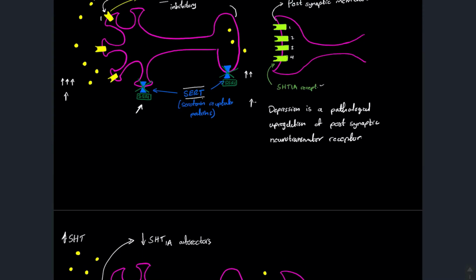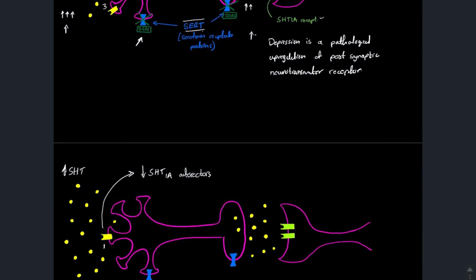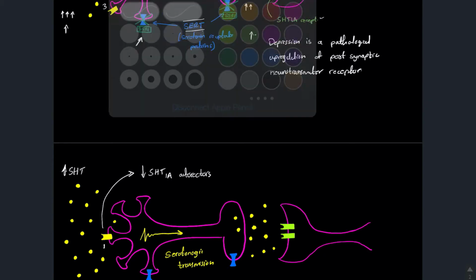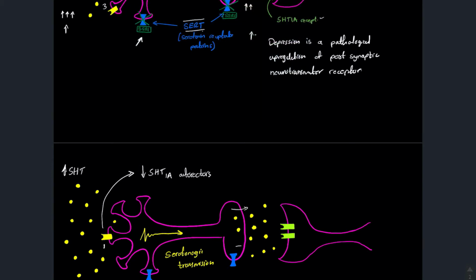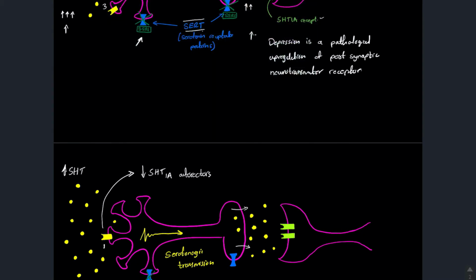As you can see, we had 1, 2, and 3 receptors here, and after serotonin was increased, we just have 1 receptor here. What this leads to is an increase in serotonergic transmission, which downstream causes more release of serotonin. And keep in mind that during this time, these SERT proteins are blocked by the SSRIs.